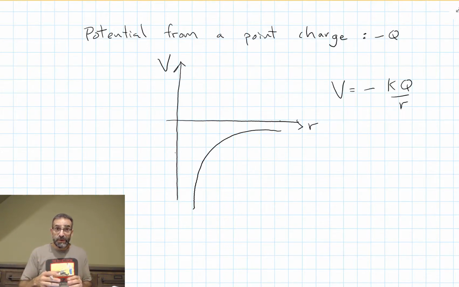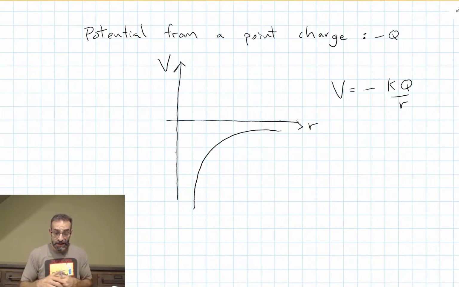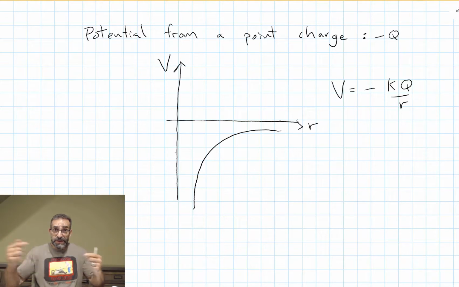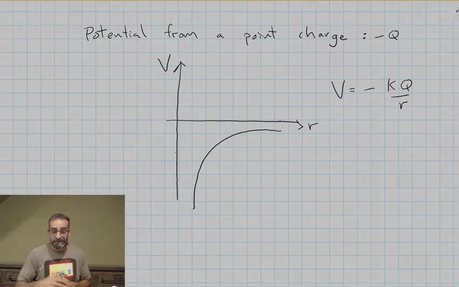The electric field always points toward lower electric potential. From a negative charge, the electric field points in from infinity to the charge. And as we move in from infinity toward the charge, the electric potential goes smaller and smaller, more and more negative. Electric potential is a scalar, so -5 is smaller than -3 is smaller than 0.